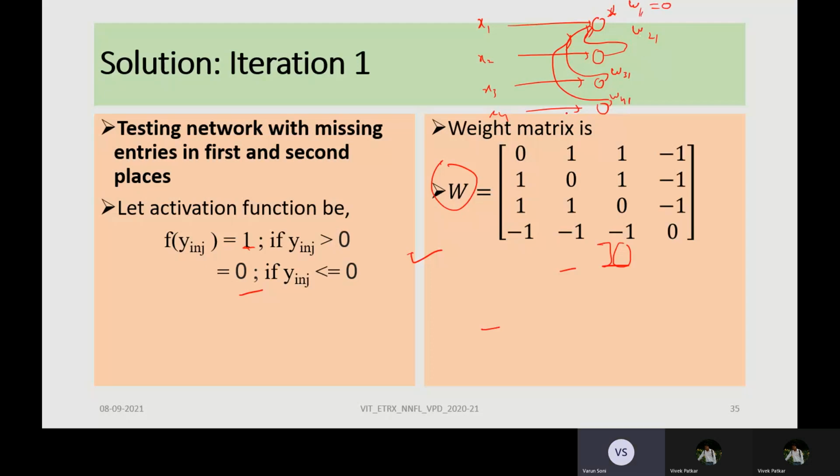So if you see in the matrix, what is this position? W11. What is this position? W12. हाँ, row number and column number, right? This is W21, this is W31, this is W41. मतलब मुझे अगर इसका weights अपडेट करना है, तो फर्स्ट कॉलम इज इसका weights, दूसरा कॉलम इसका weights.